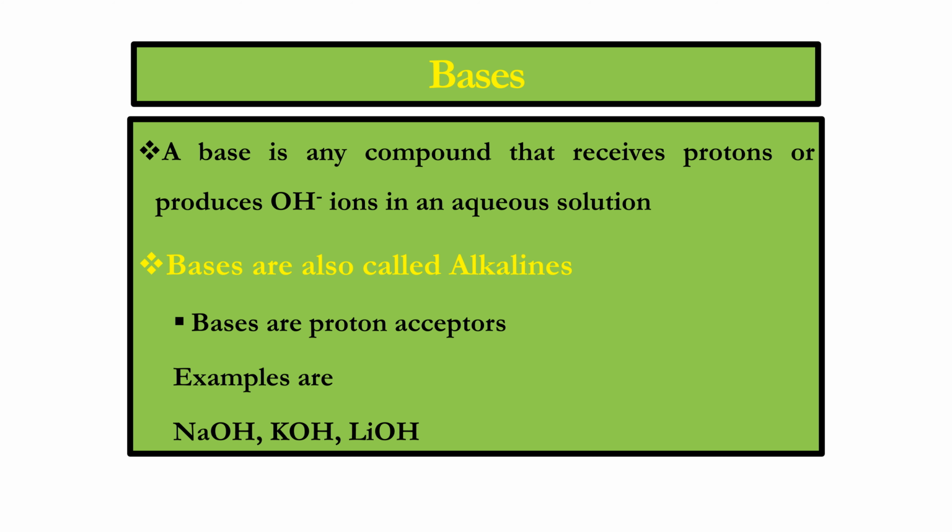Bases are proton acceptors. Bases are also referred to as alkalines. Examples are sodium hydroxide, which is NaOH, potassium hydroxide, KOH, lithium hydroxide, LiOH. These are just some of the examples of bases.